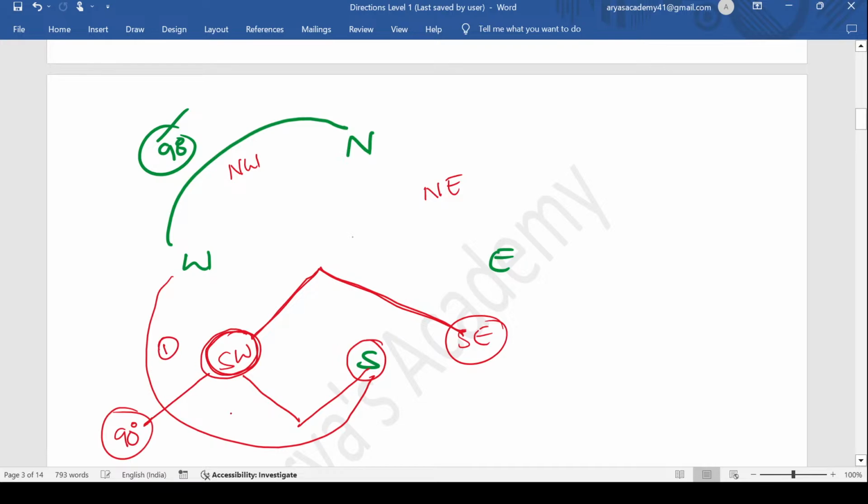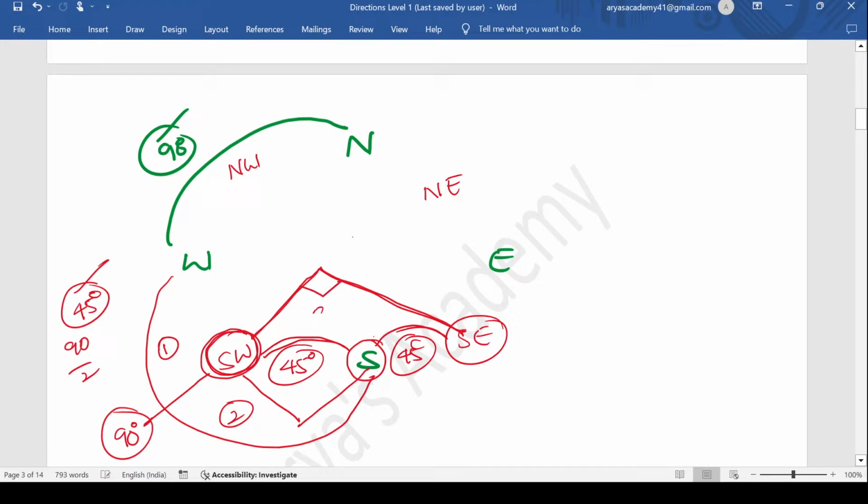This is the first part and this is the second part. When 90 degrees is divided into two equal parts, obviously it becomes 45 degrees. So this portion is 45 degrees and this portion is another 45 degrees. When combined it is 90 degrees.